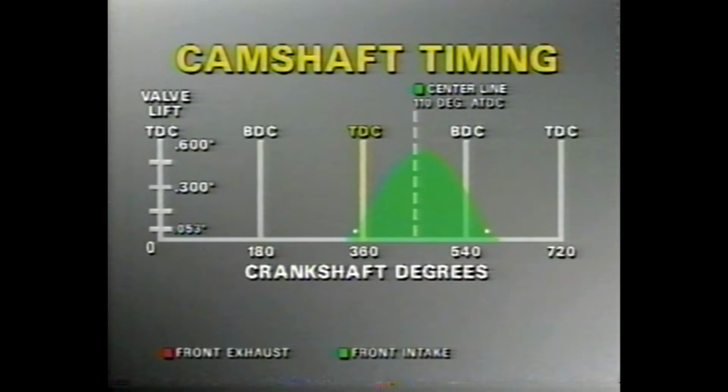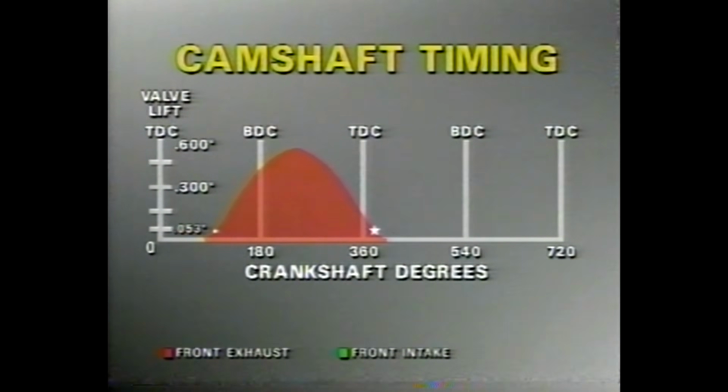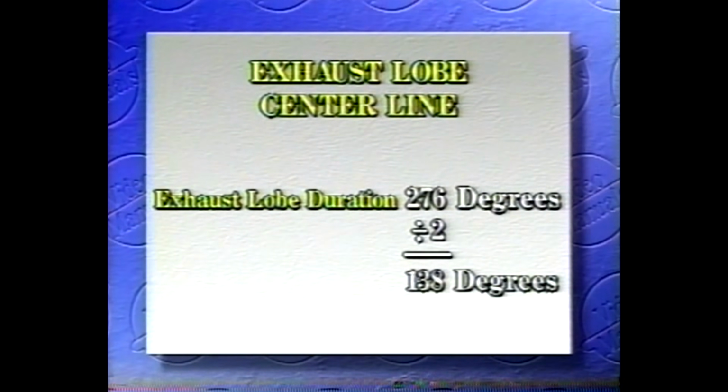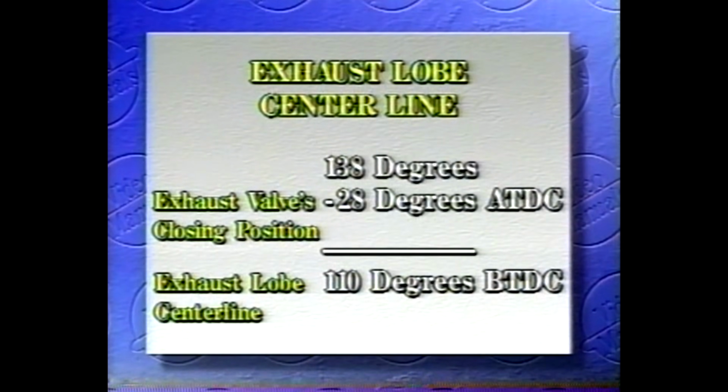We do a similar calculation to find the exhaust lobe center line, except that the exhaust valve's closing point is subtracted in the calculation, and the center line is located on the other side of top dead center. Half of the exhaust lobe's duration is 138 degrees, from which we subtract the closing point, 28 degrees after top dead center.